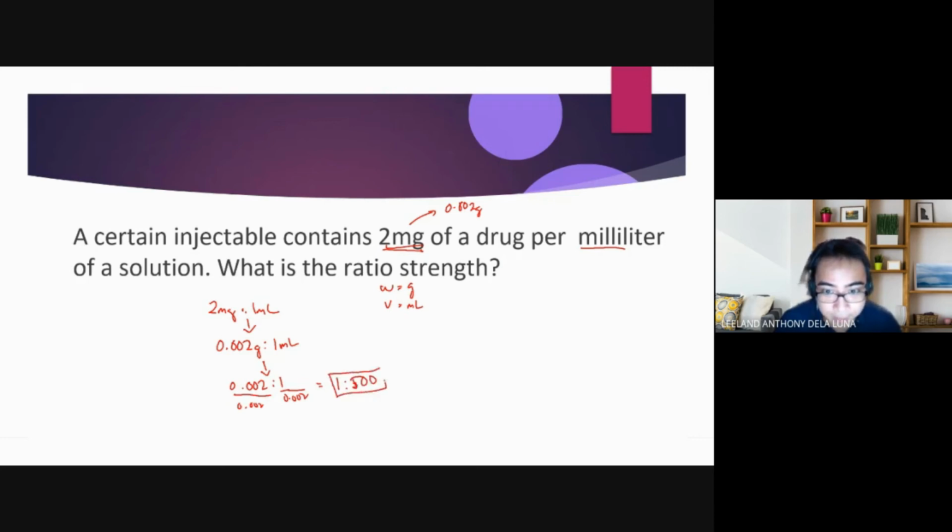So, this is my ratio strength. So, are we clear? If I convert this to percentage, ano naman siya? Obviously, 1 divided by 500 times 100, you get 0.2%.